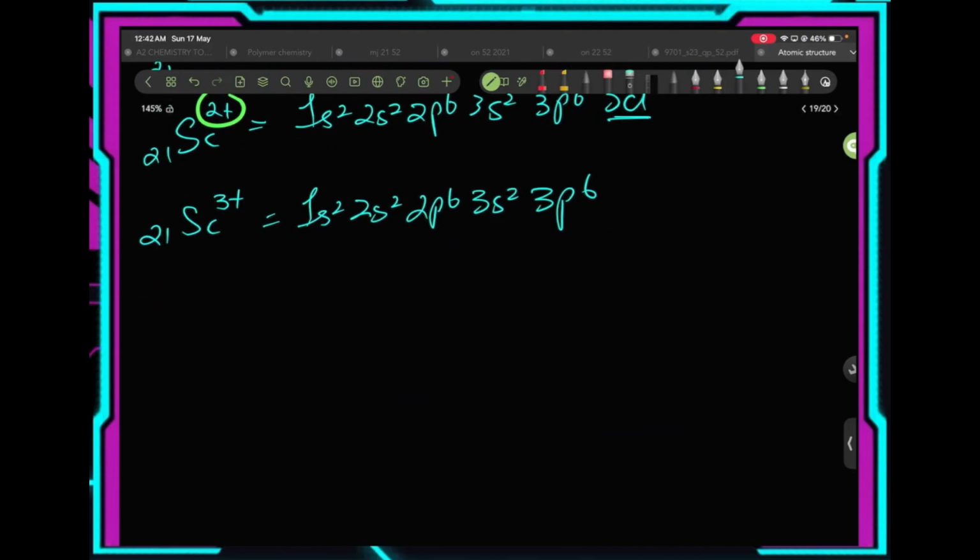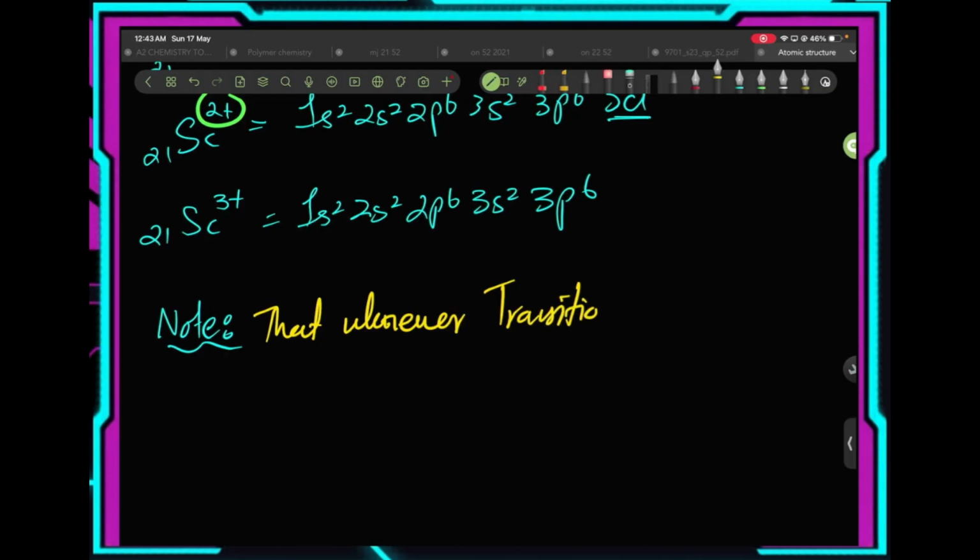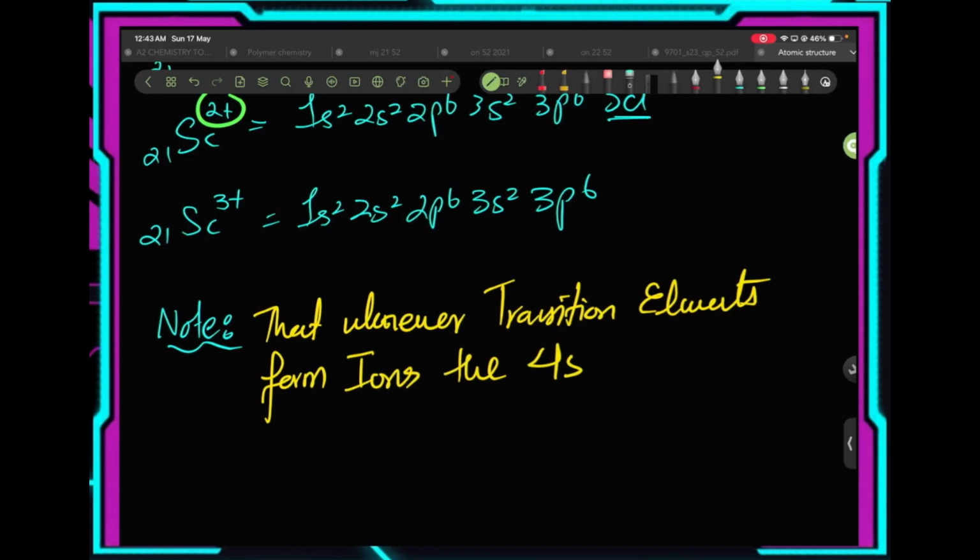But if you do not want to do it like this for the ion and you want to do it directly, just memorize this note right here: whenever transition elements form ions, the 4s electrons are lost first.